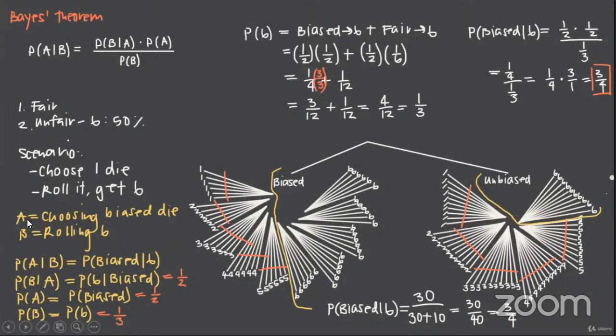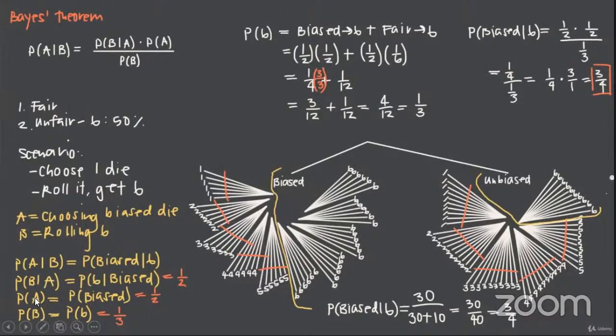Therefore, here A is choosing the biased die, B is rolling to get number 6. Therefore, 6 given biased. In the biased section, we said there is a 50% chance of getting 6, which means 1 by 2. This is P of B given A.